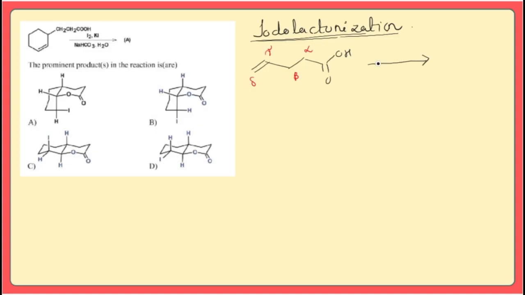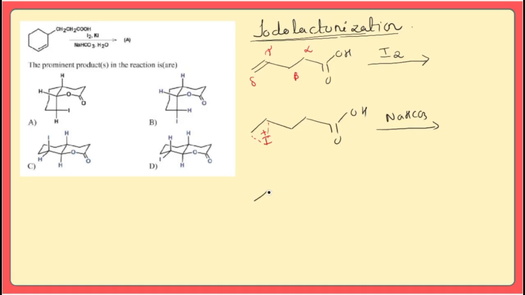When it is treated with iodine, the first step is attack of the iodine as an electrophile on the double bond, because double bonds are electron rich. Therefore, the iodine attacks here and forms an iodonium ion. And this is planar.